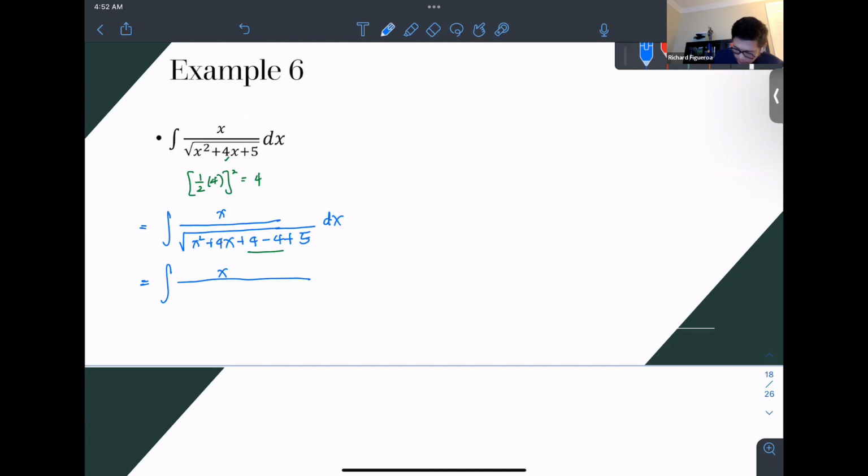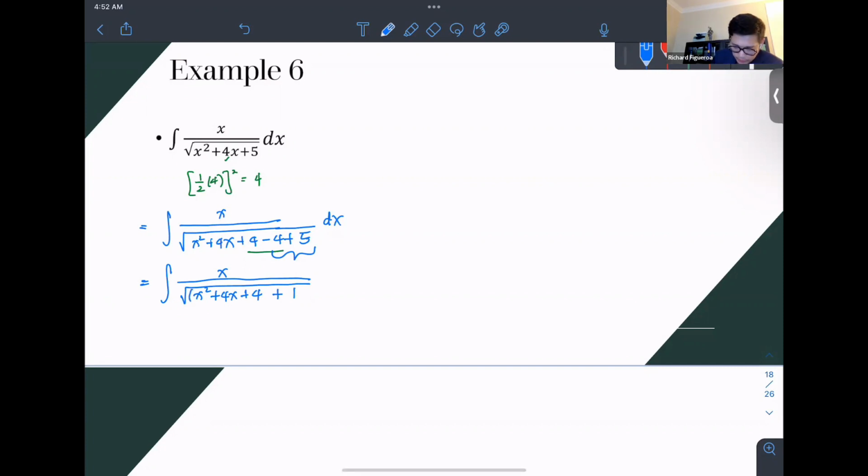This one will become the square root of x squared plus 4x plus 4, and then we group these two: negative 4 plus 5, that will be plus 1.